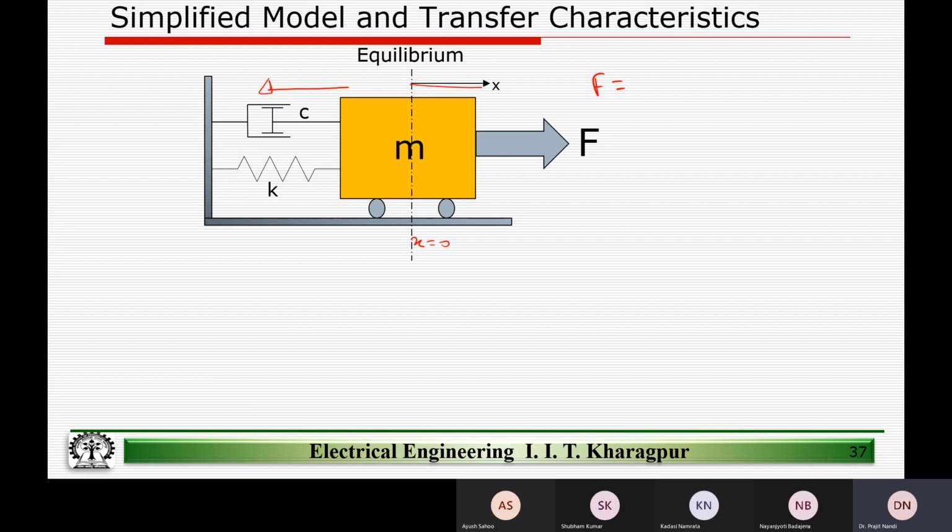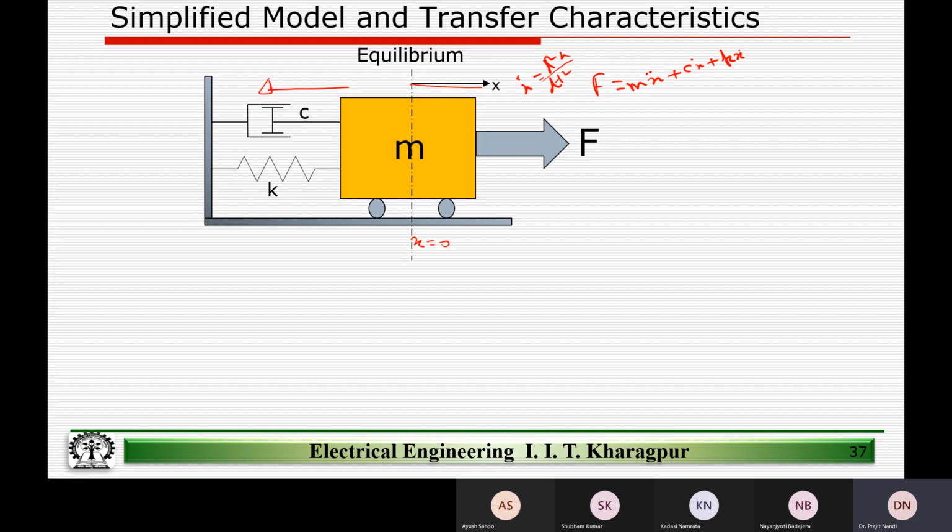So F will be equal to M times x double dot. x double dot we know, it is nothing but d2x by dt square, I think everyone will know. So F will be equal to M x double dot, plus what else? The damper C times x dot plus K times x.